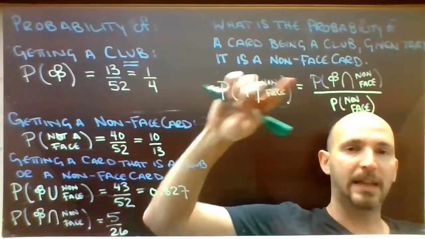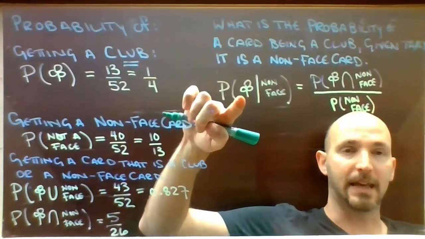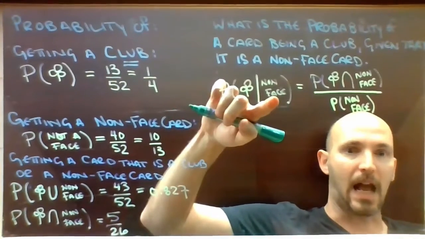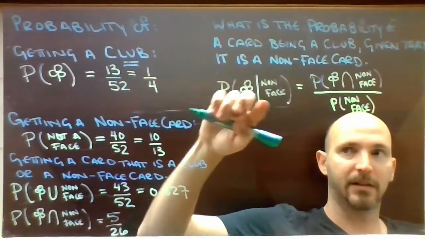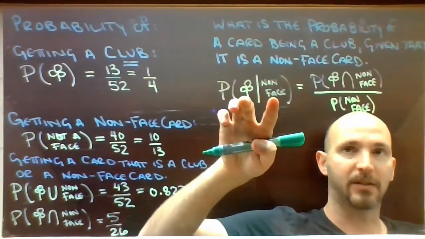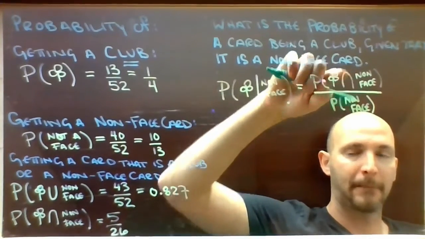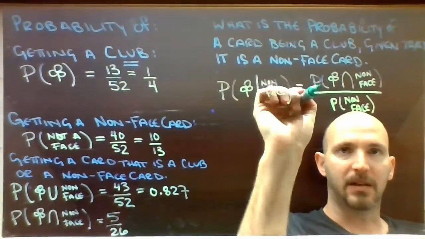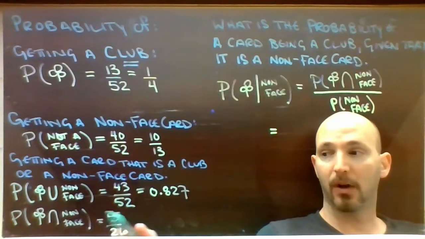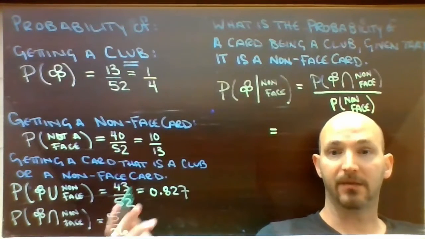So when you read these, the probability that it's this, given that, you notice that the non-face went in the denominator here, and the club and non-face went in the top. So if I were to do this, the probability of it being a club and a non-face, we already worked that out. That was over here, 5 out of 26.